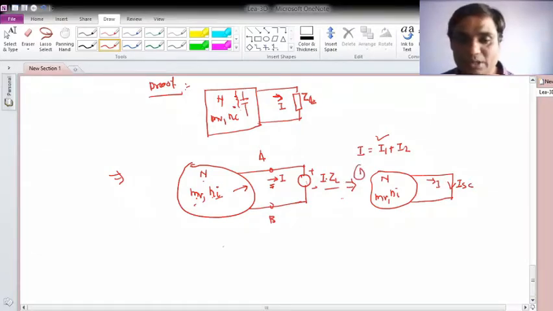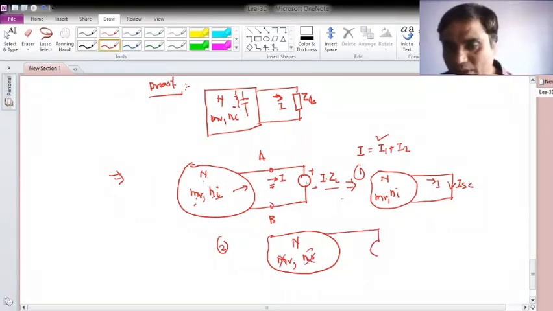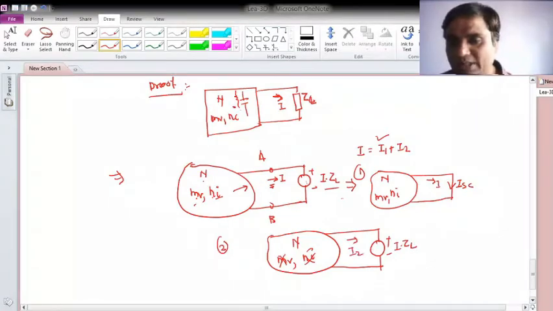Now what about case 2? In case 2, I'll activate now I into ZL and deactivate all the m number of voltage sources and n number of current sources in the network. So there were m number of voltage sources and current sources, I will deactivate them, and what I will use now is this voltage generator, whose value will be I into ZL, and I will find my I2.